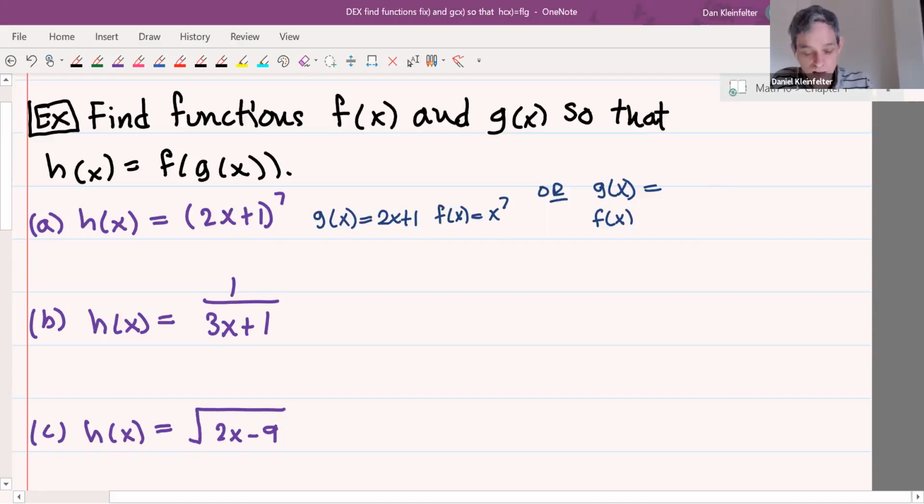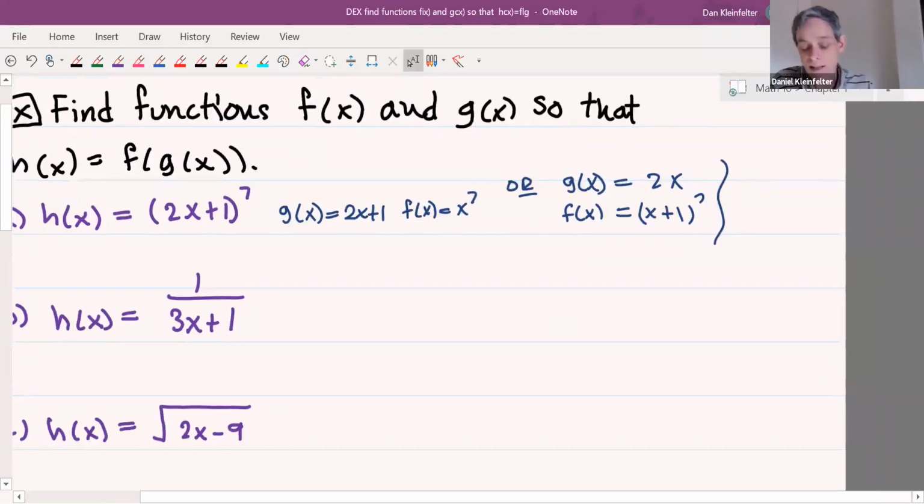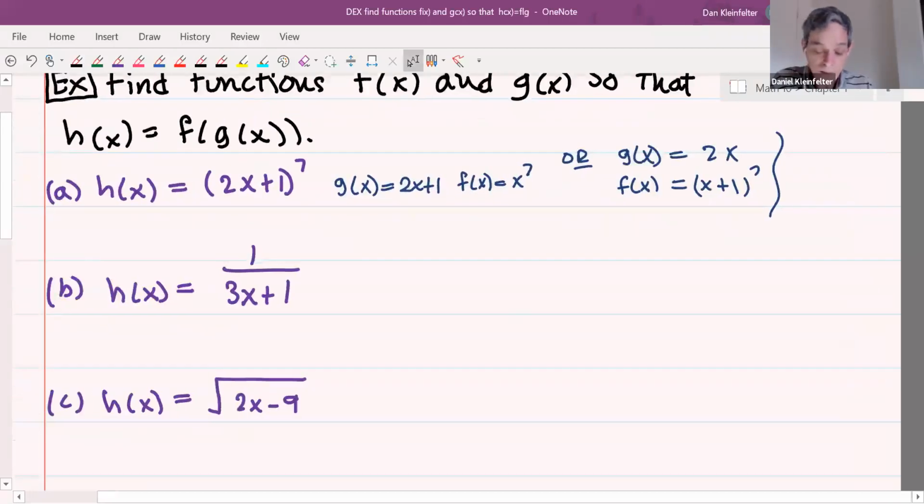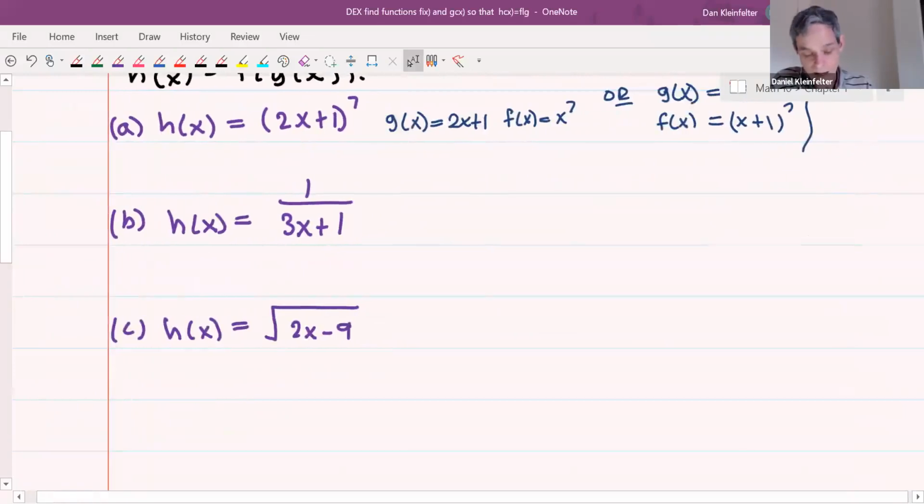We'll do it as the inner function, just times 2. And then the outer function will be add 1 and then raised to the 7th power. This first way is more desirable. Basically, the reason why you would really learn this is for a particular procedure that you would follow in a calculus class. And there's a certain way of doing it that works best in that context. So that's why we look at it right here.